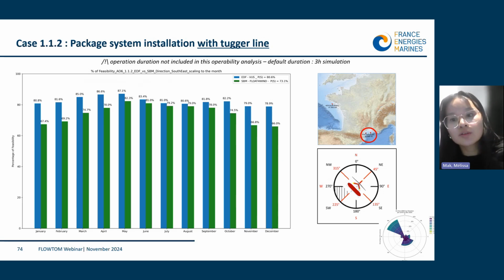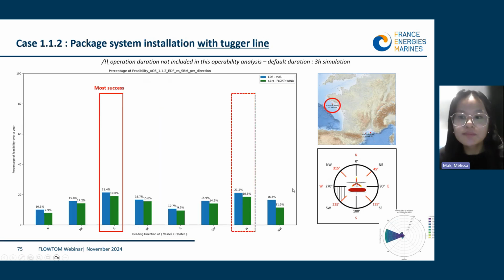So now we wanted to shift our focus to the South Brittany site, and we wanted to see how the conditions differ there. For South Brittany, the results were really lower than Gulf of Lion, as it experienced higher HS and TP, which are a fail case for our numerical simulation.